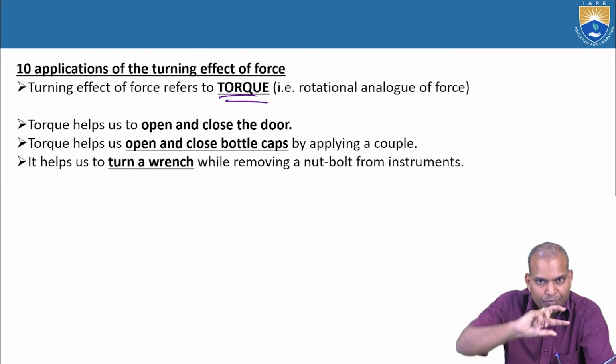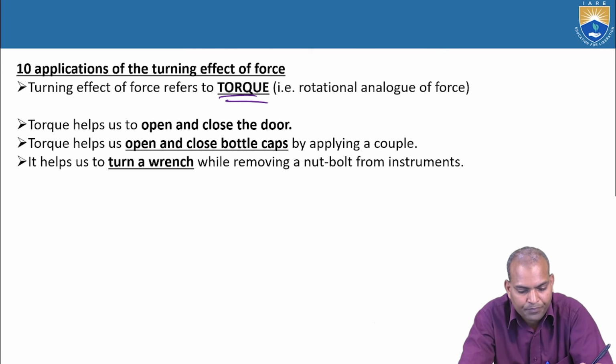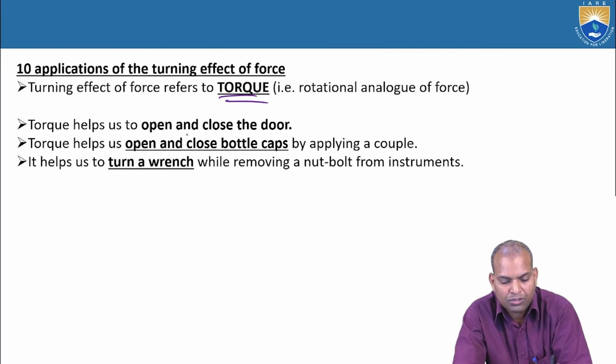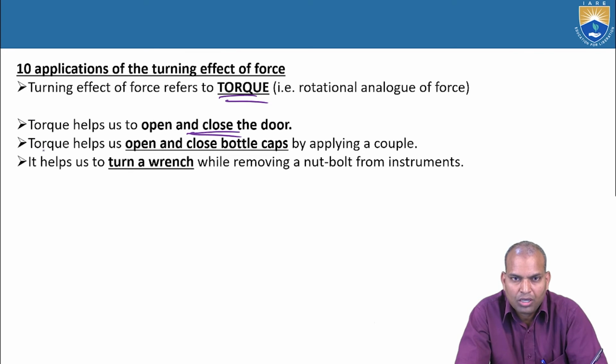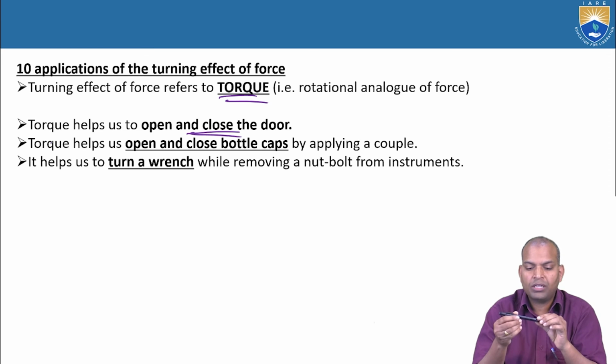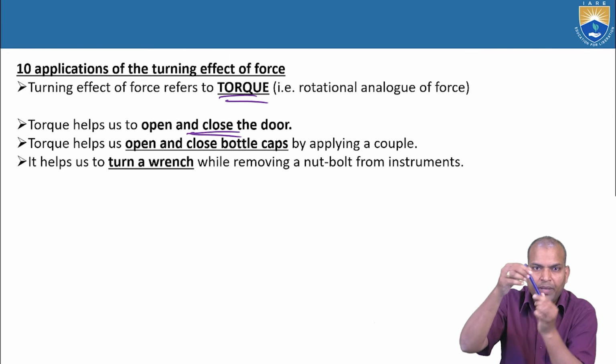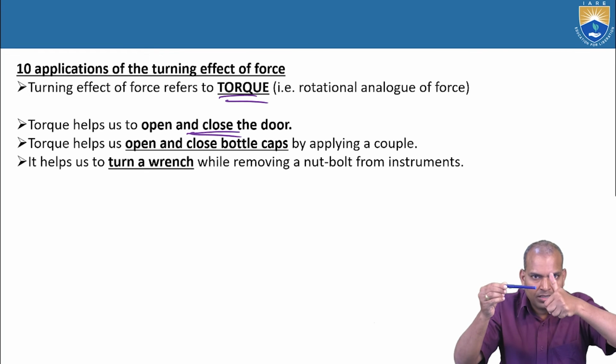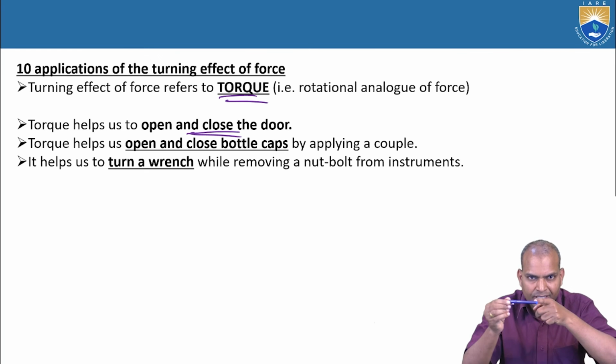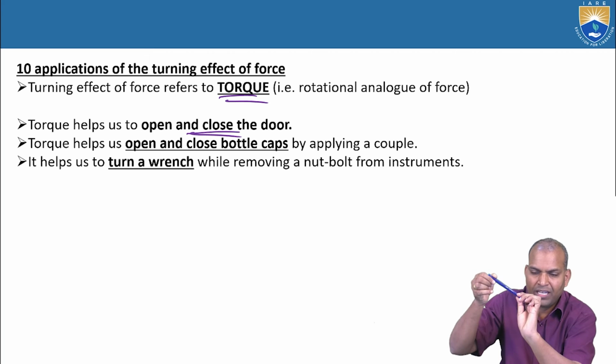Where there is rotation, that is the torque. So this torque helps to open and close the door, and not only doors, but also the opening and closing of caps. If you have the opening and closing of a cap, how can you make it?